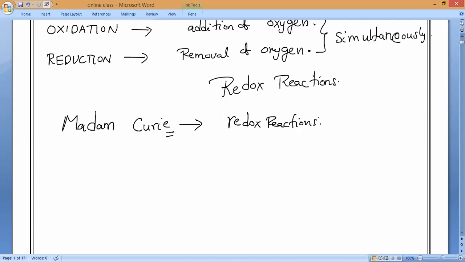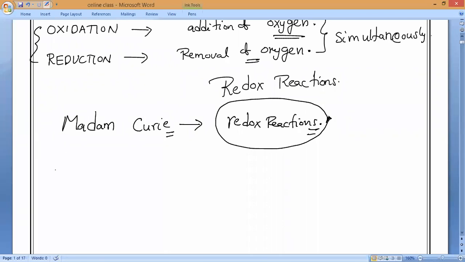Where there is oxidation, definitely there will be reduction. Wherever oxidation takes place, reduction also takes place. That is why she said complete chemistry is a form of redox reactions.